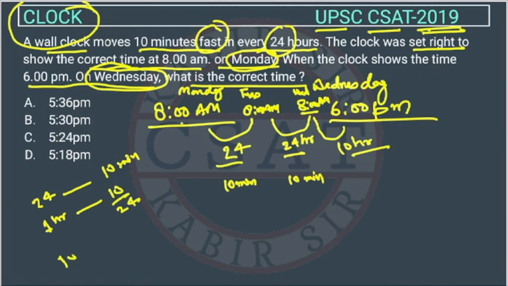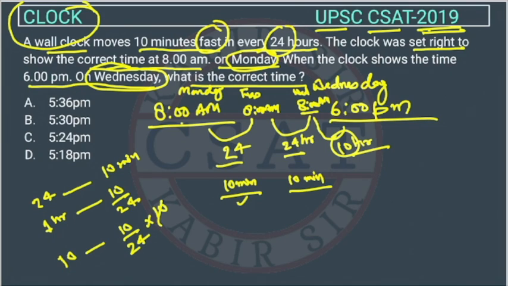You can do it many ways, like adding total hours and then calculating. Otherwise, we know about 24 hours how many minutes it gets fast, so directly we can write. So 10 hours we have to calculate: in 10 hours it will be fast by how much?